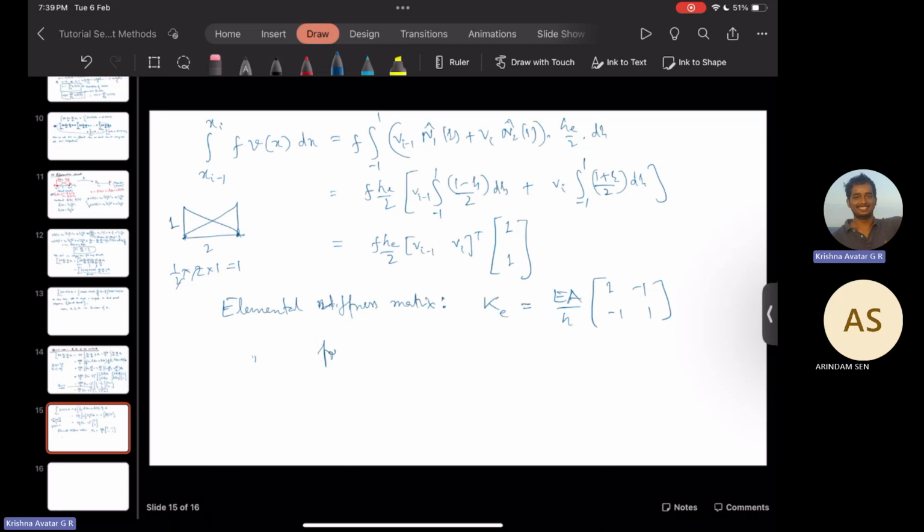And the elemental force vector is F of E. This is F of H. There is no E here, since we are assuming that H is constant already. So F of H into H by 2, and this will be 1 1.